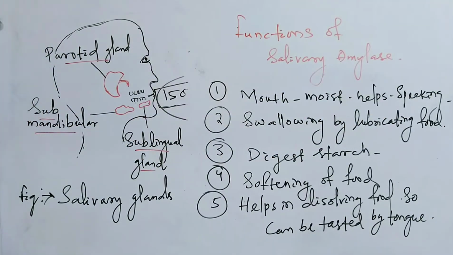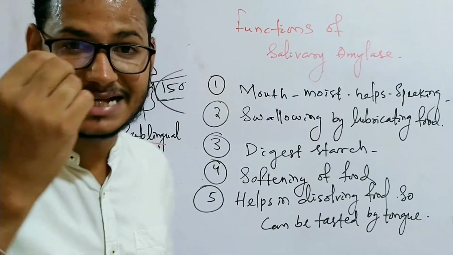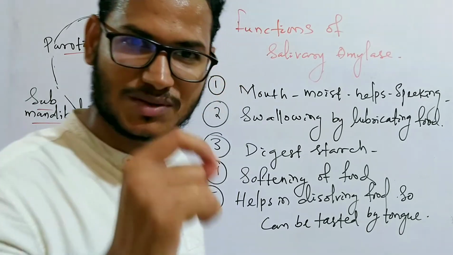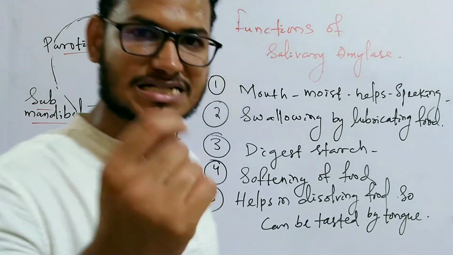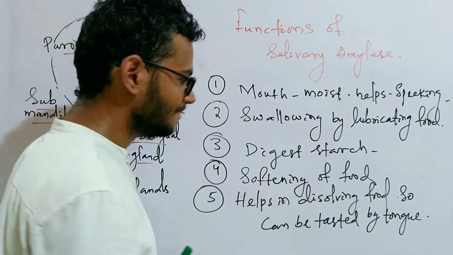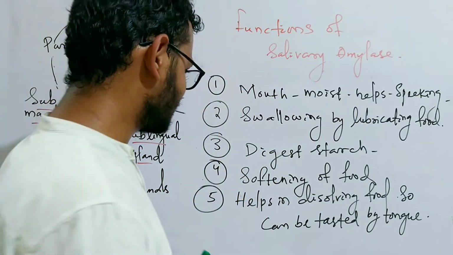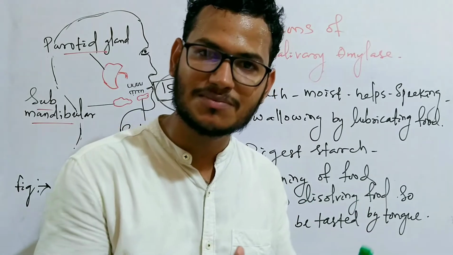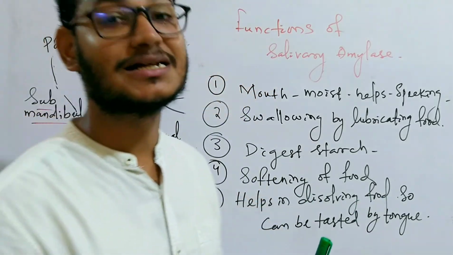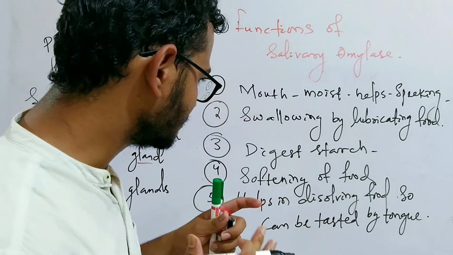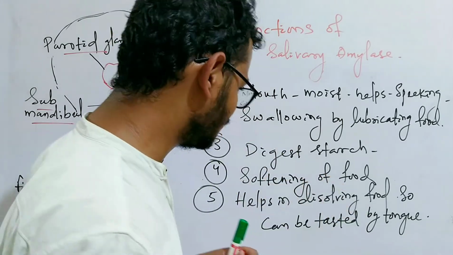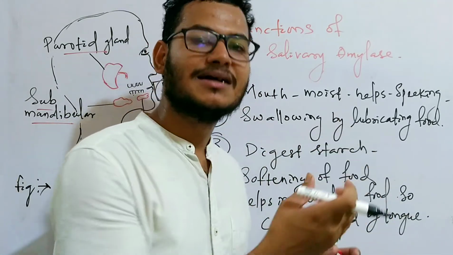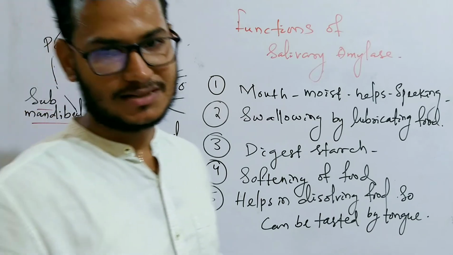Okay, so the tongue can taste with the help of the taste buds. We have already discussed the sweet, salt, sour and bitter taste buds present in our tongue, which help in identifying different tastes. Without the help of the saliva, the food cannot dissolve in the buccal cavity and cannot be tasted by the tongue. So the tongue is helpful in tasting the food only after it gets dissolved into the saliva in the buccal cavity.